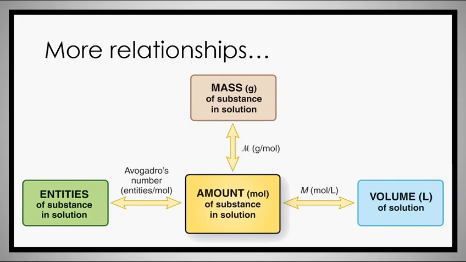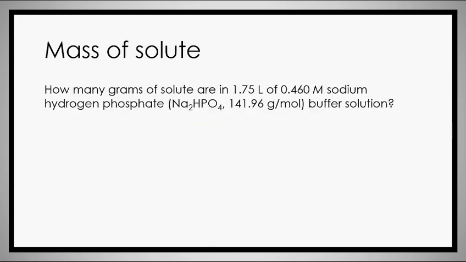So as an example of how to do things like that, let's look at this problem right here. How many grams of solute are in 1.75 liters of 0.460 molarity sodium hydrogen phosphate? In this particular problem, I am asking about grams, but I give you volume.